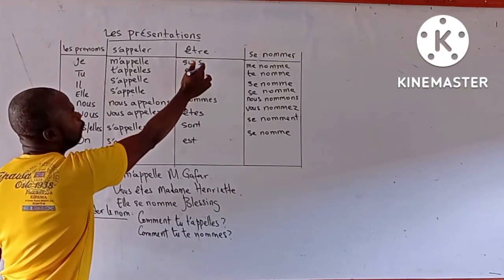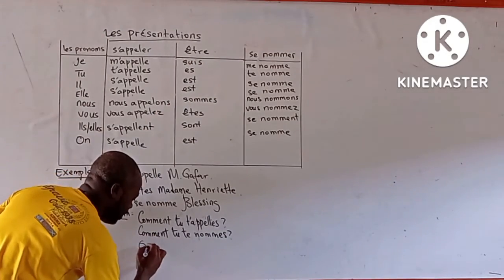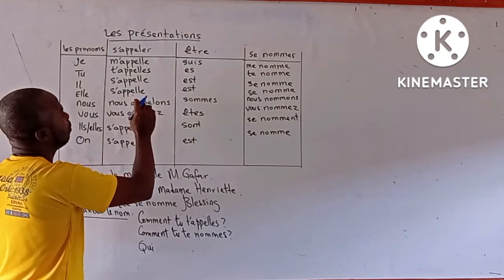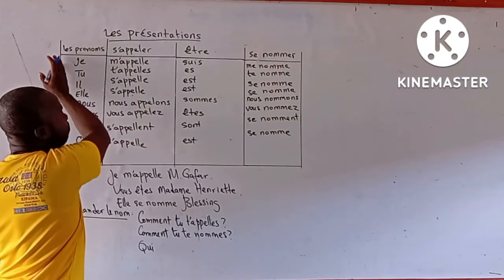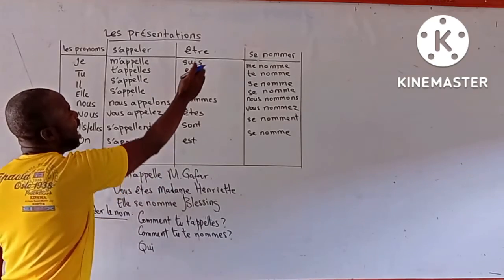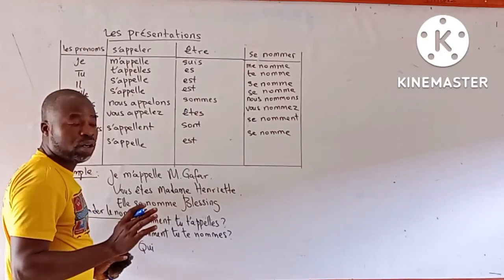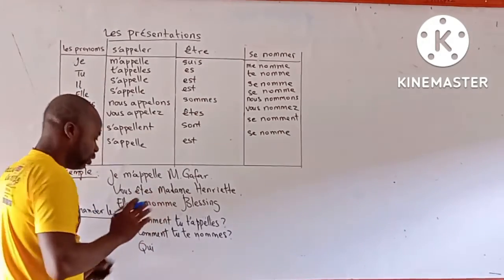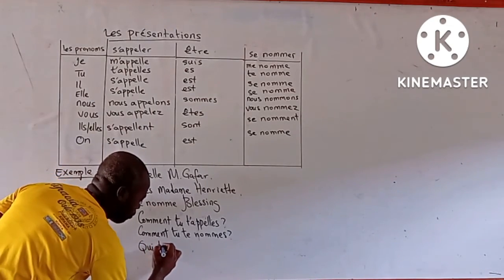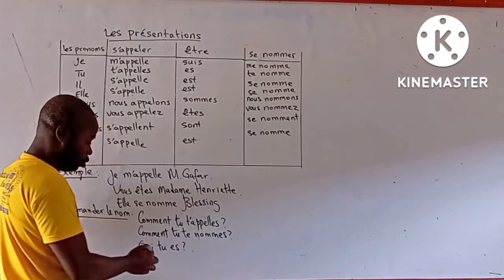For the verb être, we use qui. And the qui can be placed also at the beginning of the sentence, or at the end of the sentence. So the position is the same. So we have qui tu es? Who are you?